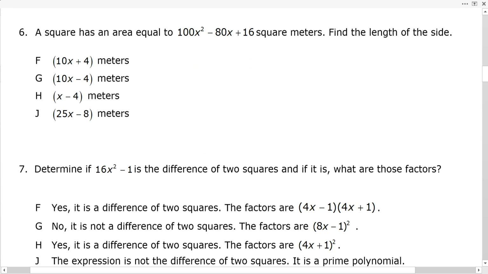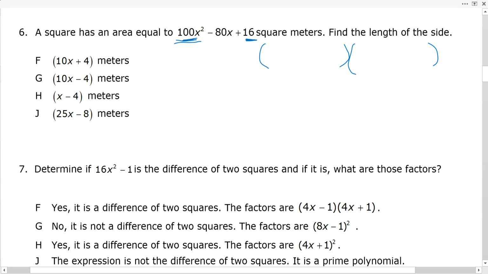Okay, so number 6 is also one of those perfect squares. It's not the difference though, but it's a perfect square polynomial. This is a perfect square and this is a perfect square. So I'm going to assume that it's a perfect square polynomial, and I'm going to check it by writing the factors and then seeing if they turn into one of these answers.